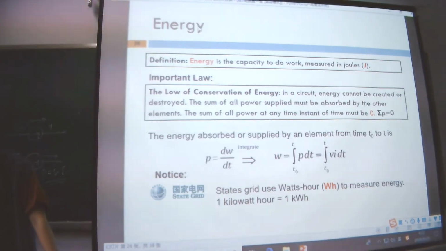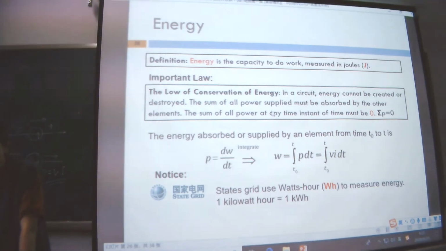Okay, for energy. Energy is the capacity to do work, and we use joule to measure it. There is one important law. It is called the law of conservation of energy. In a circuit, energy cannot be created or destroyed.